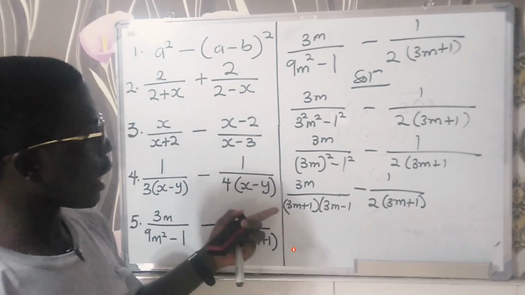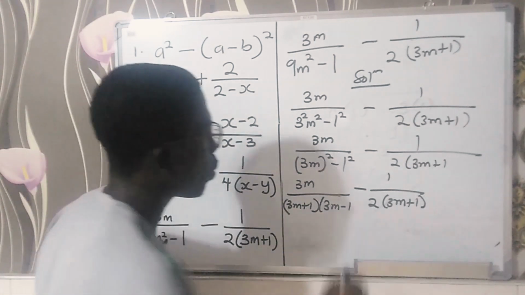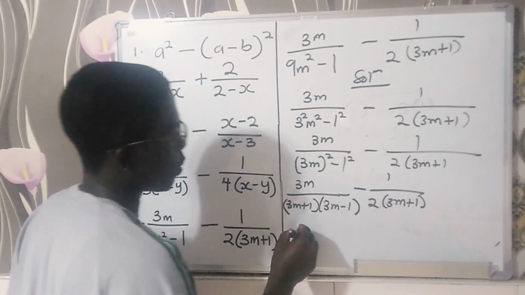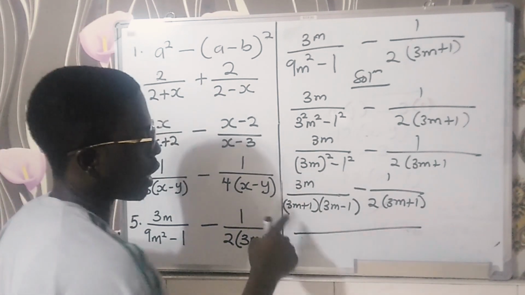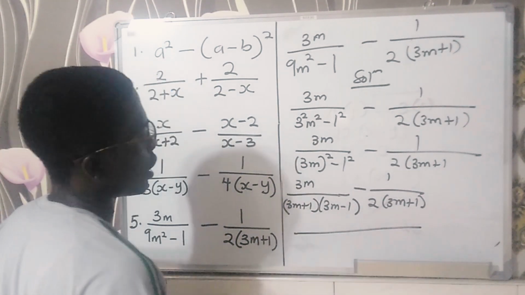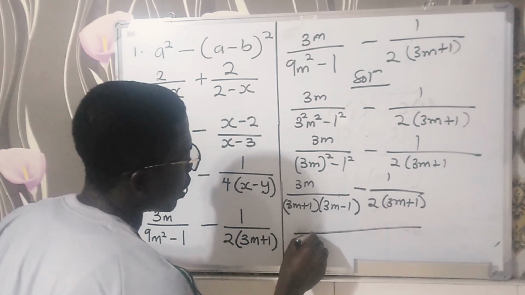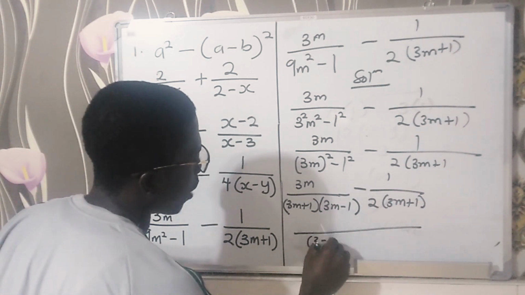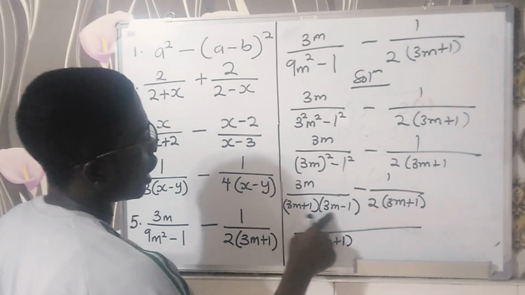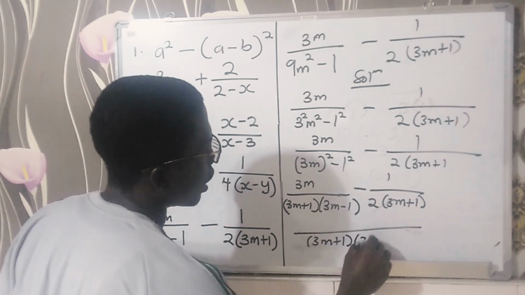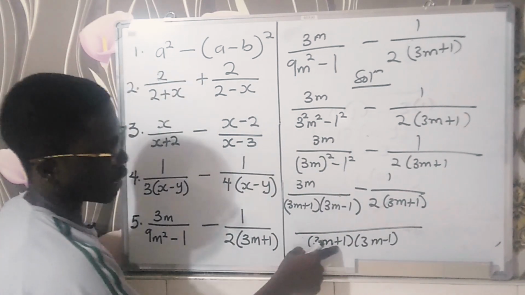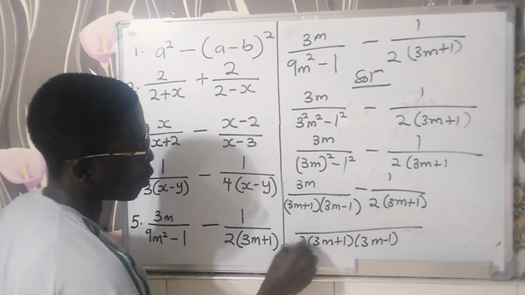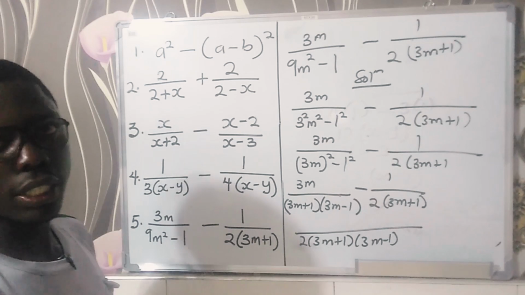So we then find the LCM for this whole denominator. We said everything here should have a share here. So we will have our 3m plus 1, and then we have our 3m minus 1. This 3m plus 1 has a share here. We just bring the 2 here, and we are done.